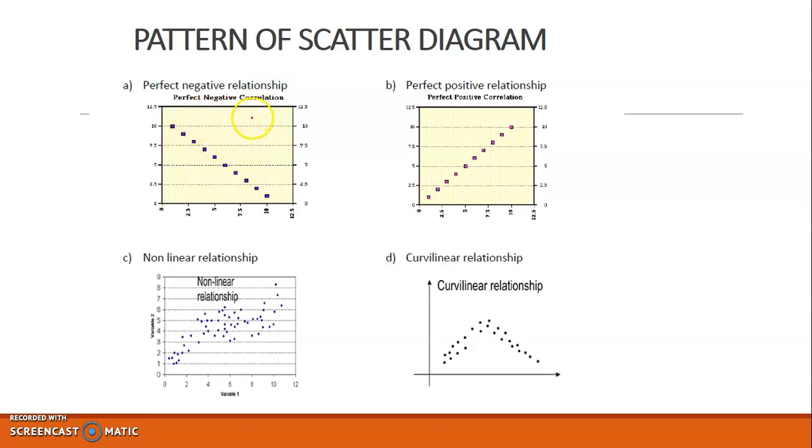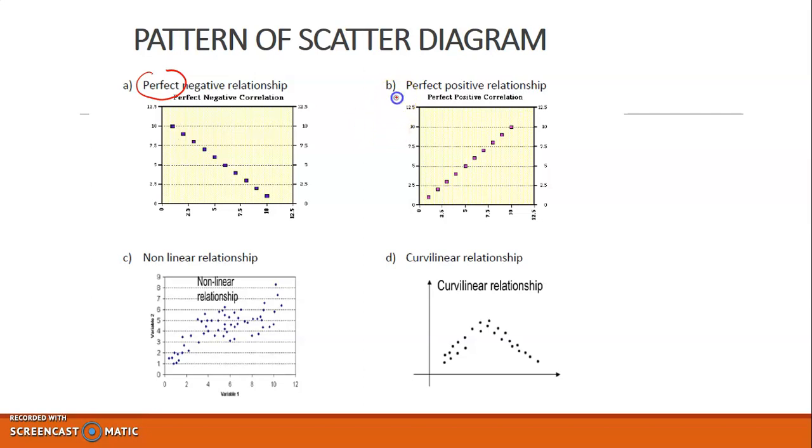To be more specific, this one is a perfect negative relationship or perfect negative correlation. Why perfect? Because if you connect these points with a line, you will get a very nice straight line.